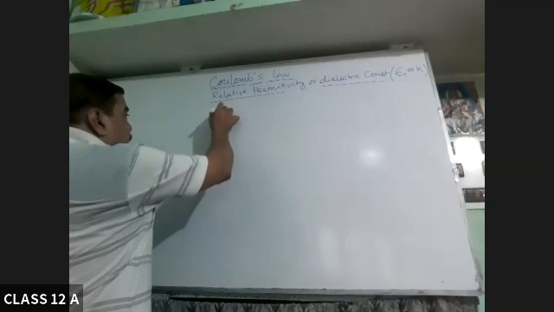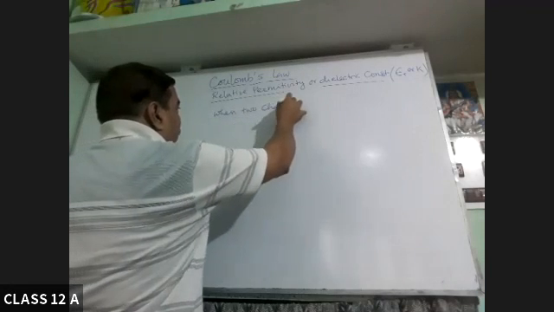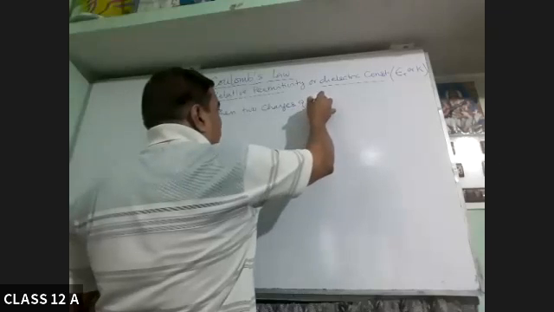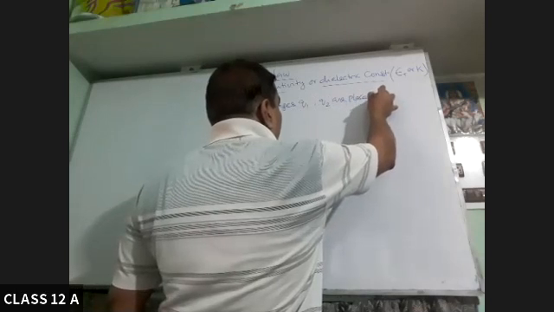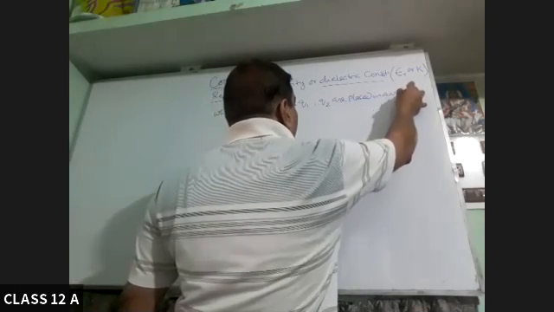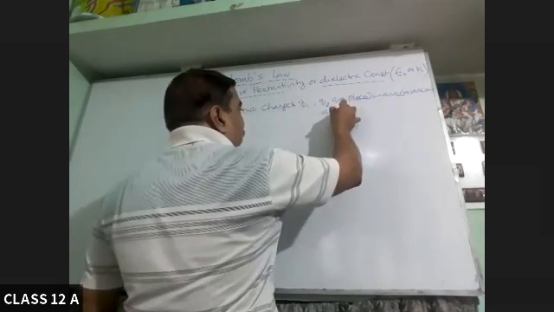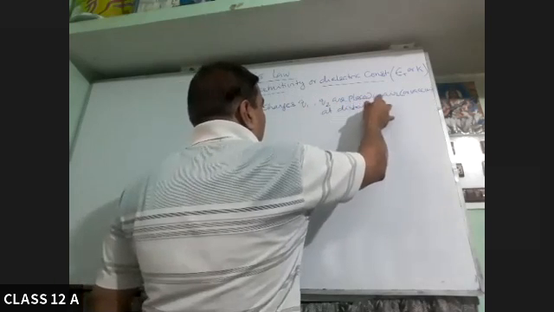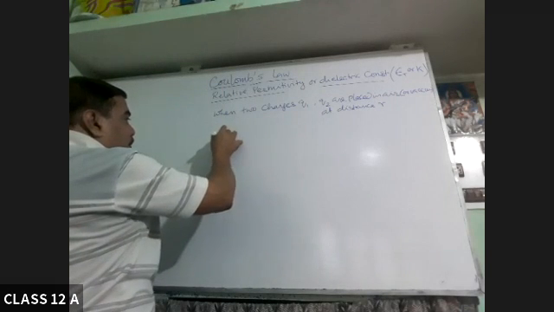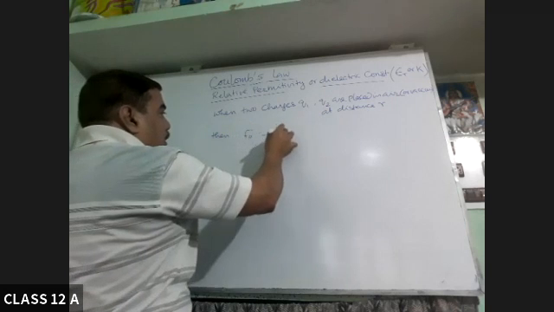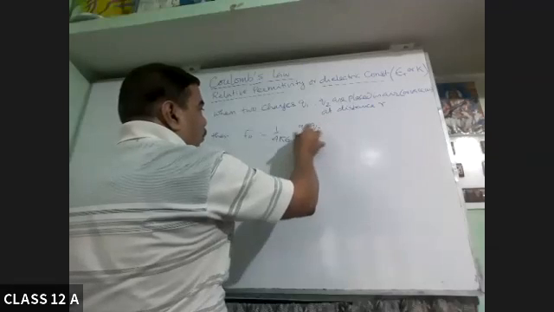Now, when two charges are placed in air or vacuum at distance r, then F naught we can write as 1 by 4 pi epsilon naught Q1 Q2 over R square.